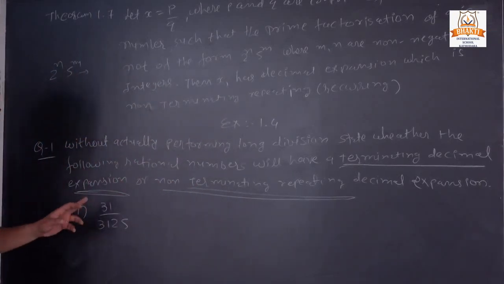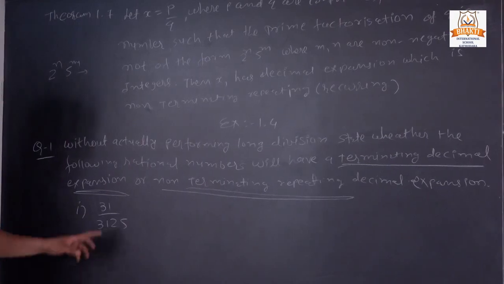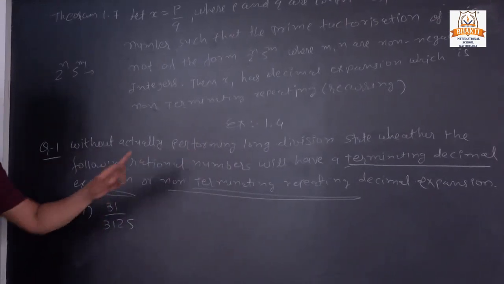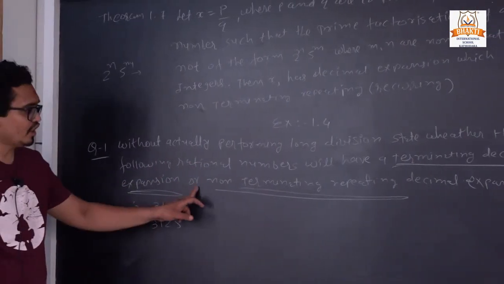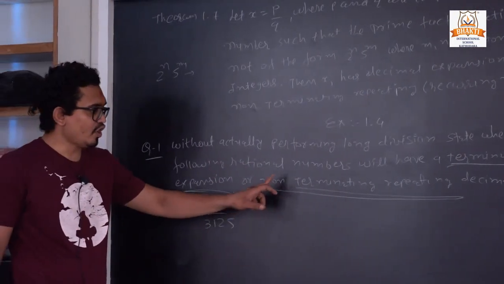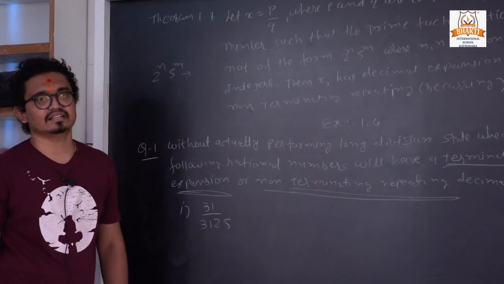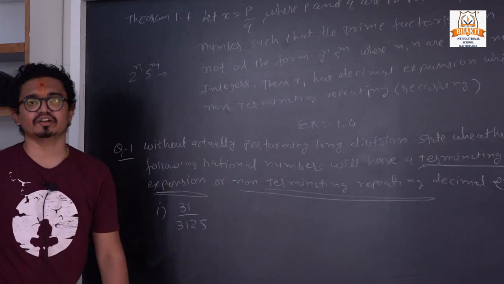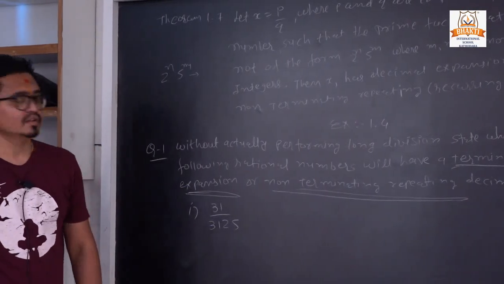We need to remember two things: either the rational number has a terminating decimal expansion, or it has a non-terminating repeating decimal expansion. For that we are using the two theorems, 1.6 and 1.7.